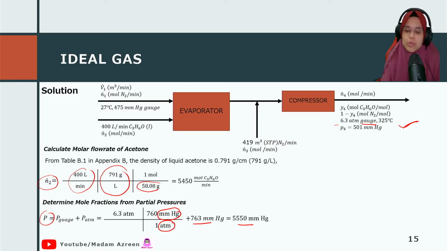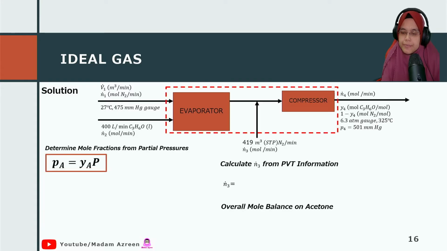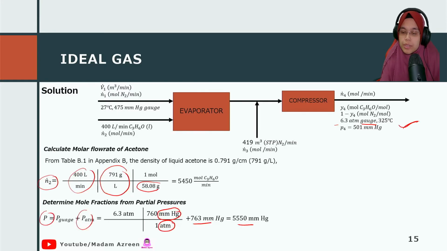Okay, so we have to add the atmospheric pressure, and from there we can try to find the value of y4, which is the mole fraction of acetone in this stream.